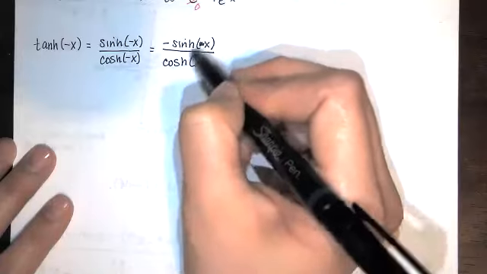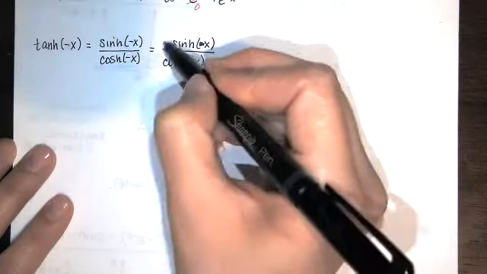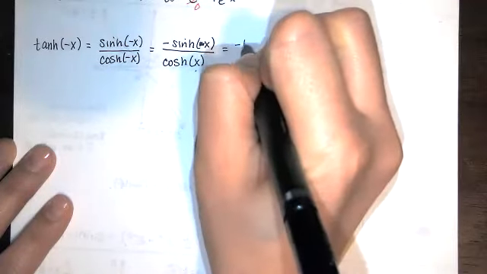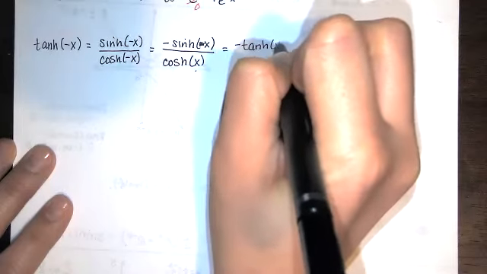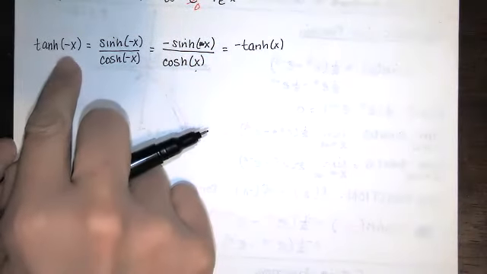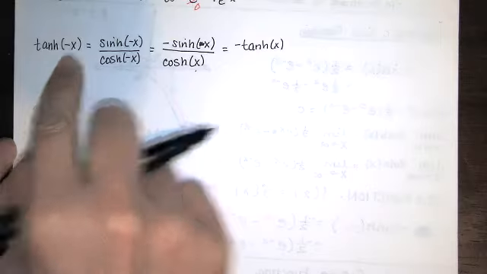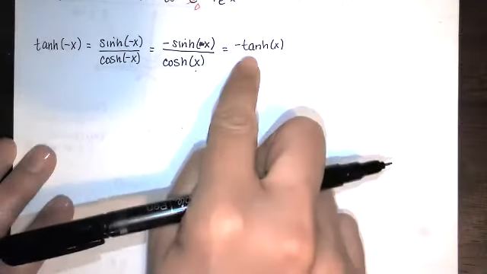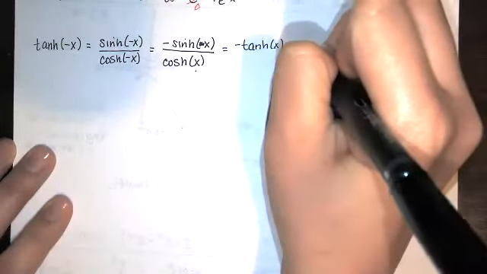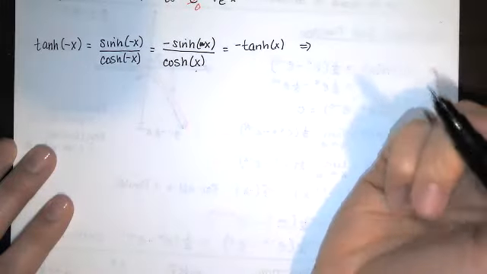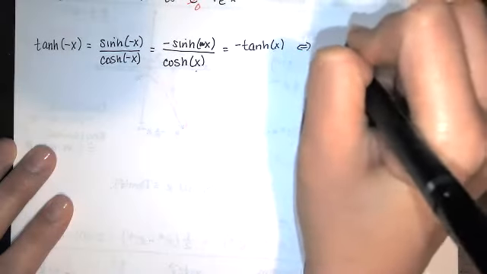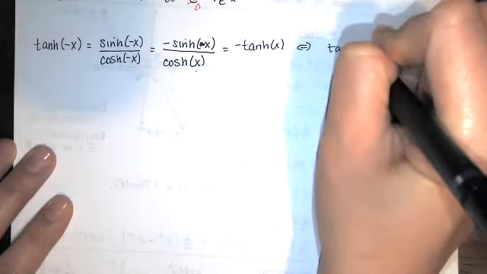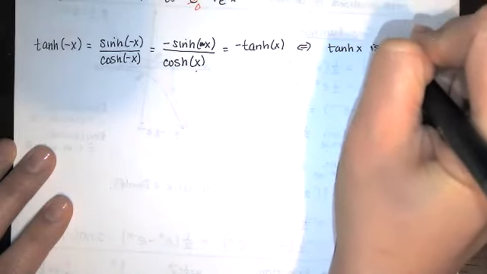But this is the hyperbolic tangent of x times negative 1. So that's a negative hyperbolic tangent of x. So if I go x units to the left and x units to the right, the y values are opposite each other. This is true for all x in the domain. So that means that the hyperbolic tangent function is an odd function.